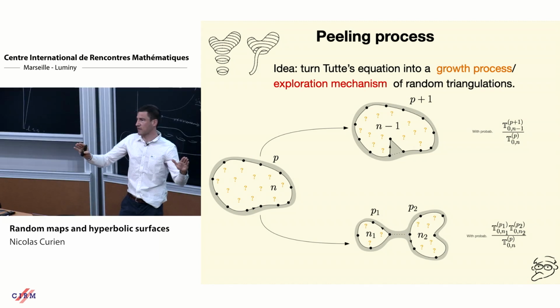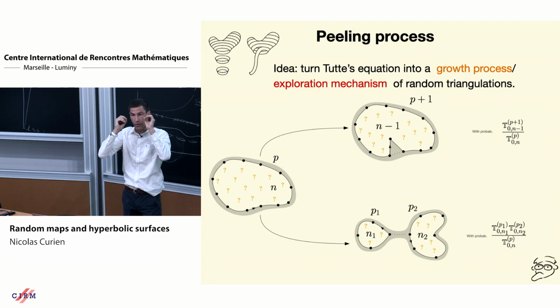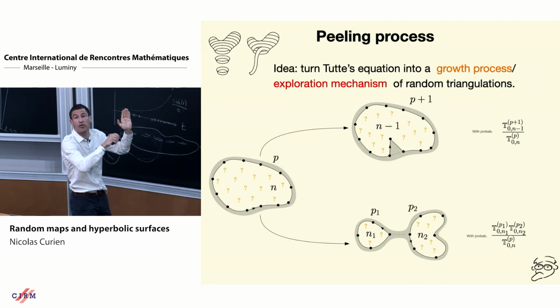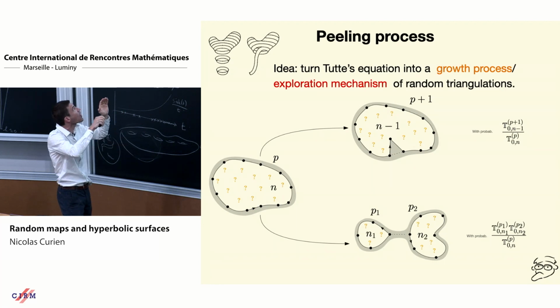This is exactly the same as Tutte's equation, but the glasses that I put on are different. I see that as a random growth process, and I discover my random triangulation edge by edge, sampling those two transition probabilities using those numbers.